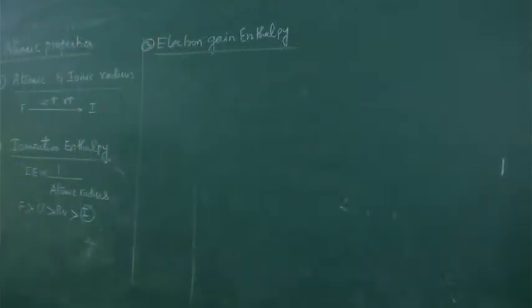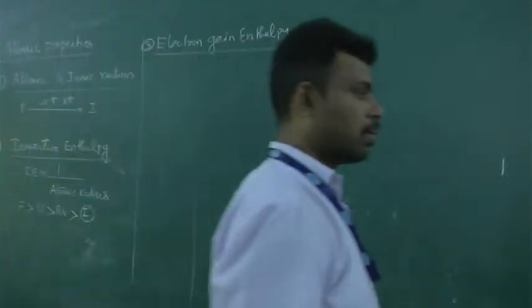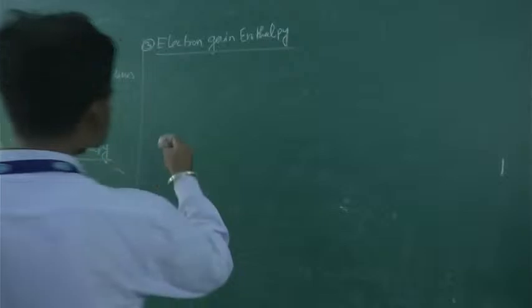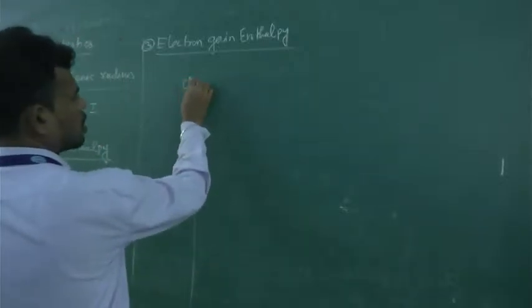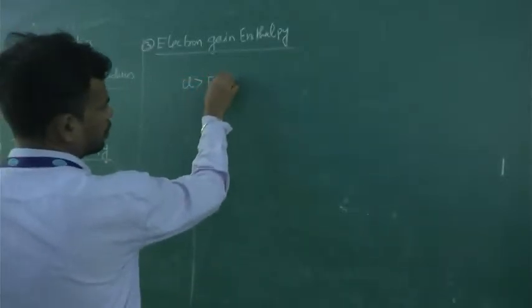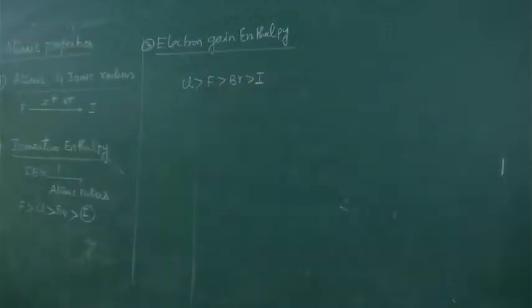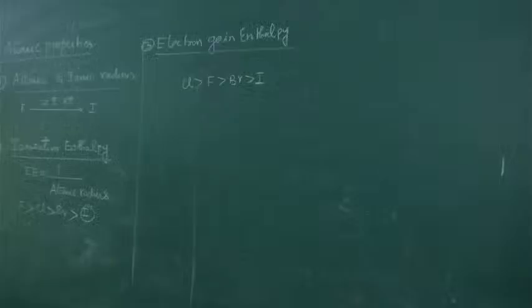Okay, most important. Is it clear? So, can you tell me which one has the highest electron gain enthalpy? Chlorine. So the order is Cl, F, Br. What is the order? Electron gain enthalpy, the answer is going to be chlorine. Is it clear? Yes or no?